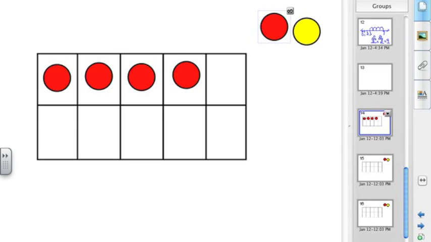So if I have 4, who's 4's partner to make 10? 6. If I have 5, who's 5's partner to make 10? 5. If I have 7, who goes with 7 to make 10? 3. Those make 10s facts are what we want kids to learn, and that's a mental math outcome in grade 1 currently. By the end of grade 1, they should know to make 10s.